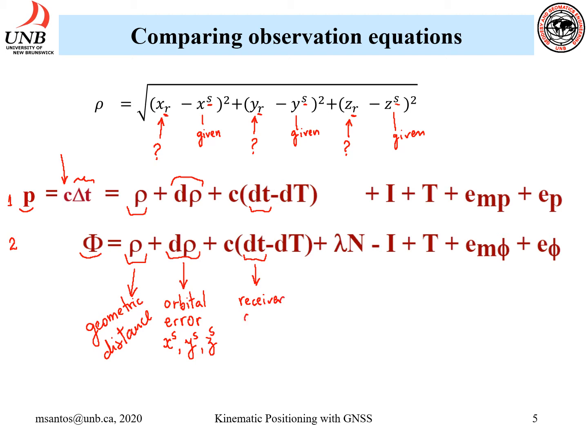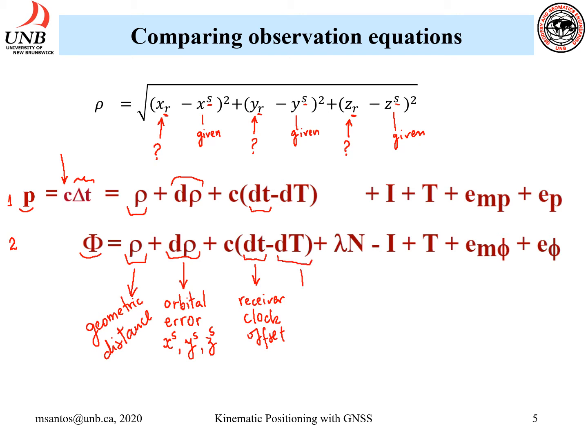What happens is that the clock on the receiver doesn't operate at the same rate as the satellite clock, sorry, yes, the satellite clock, and particularly the GPS time. So there is a synchronization difference.